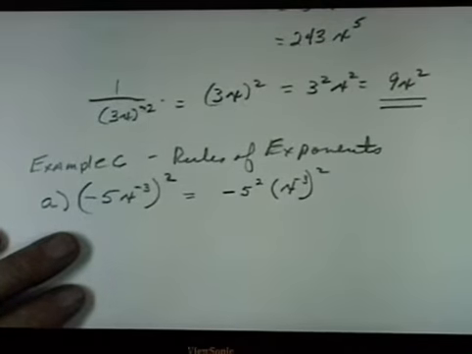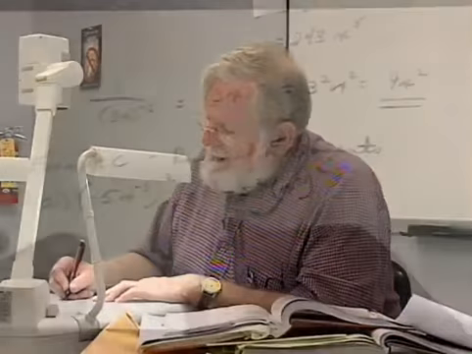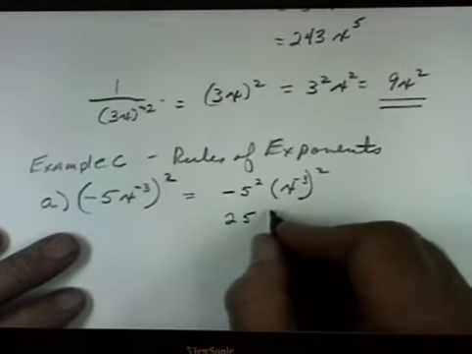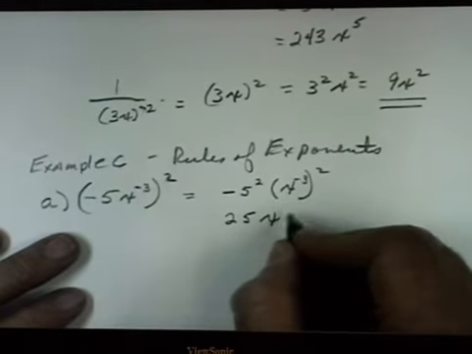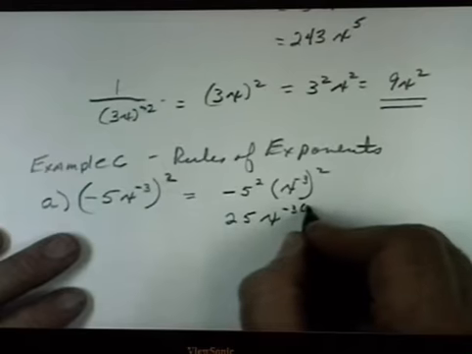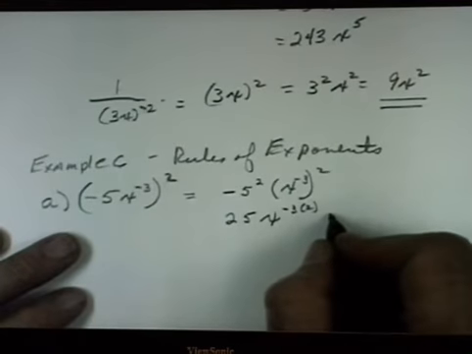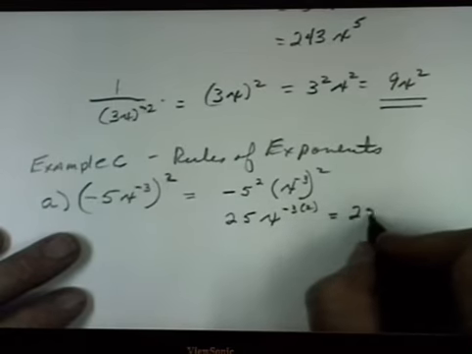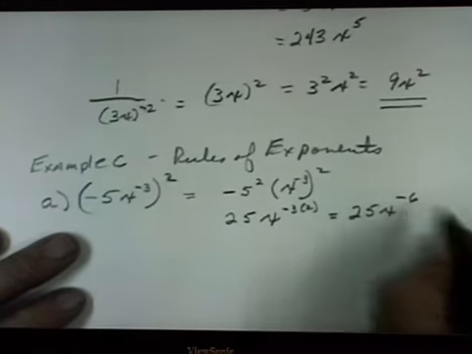Minus 5 squared means multiply minus 5 times a minus 5, and that's a positive 25. Now we're taking a power to a power, so this is x to the minus 3 times 2. And that would be 25x to the minus 6.